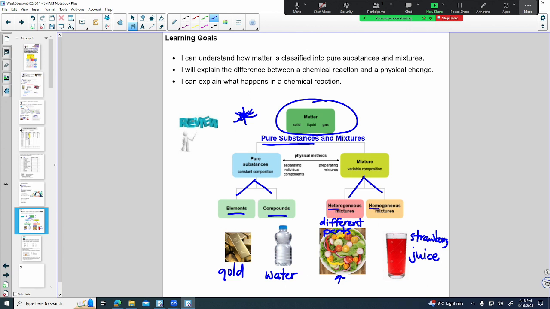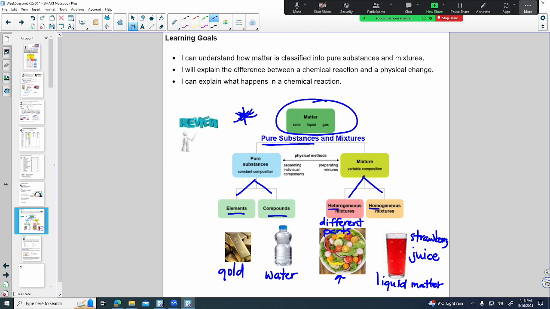In this case, all you can see is that it's a liquid matter, and it's red. Like I said, it might be strawberry juice, so it must have strawberry syrup in it, or crystals, but it's been dissolved. You can't pick out the parts.